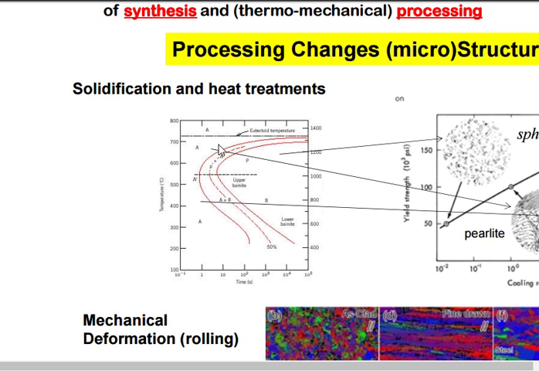For this material, it is cooled very slowly at the high temperature only, so for a longer time it was at the high temperature. So there is formation of spheroidite.